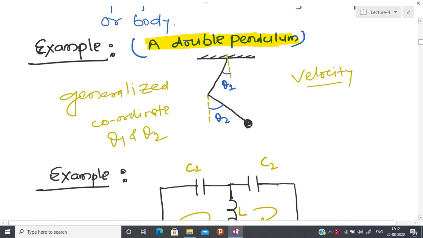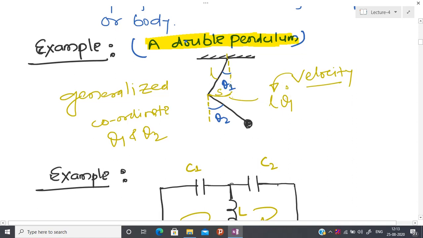If you talk in terms of velocity, and you know the length of this pendulum is L, then you can see that this arc length from here to here I am specifying in terms of theta, and suppose this quantity I call s. In order to define the velocity I have to identify s, and s is nothing but L theta1, and to specify the velocity I will take the differentiation ds by dt, so L theta dot.